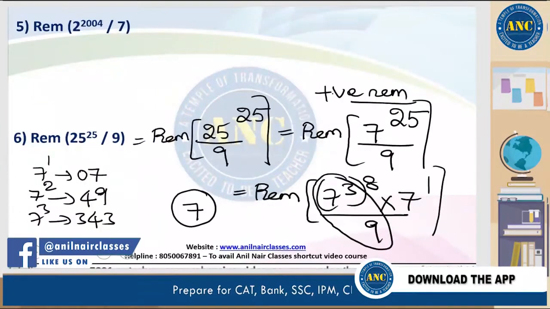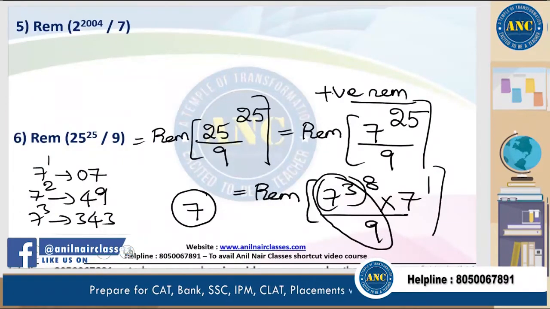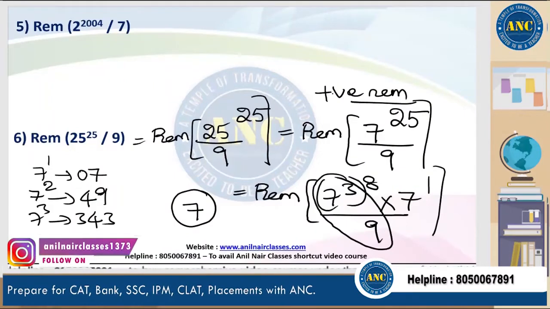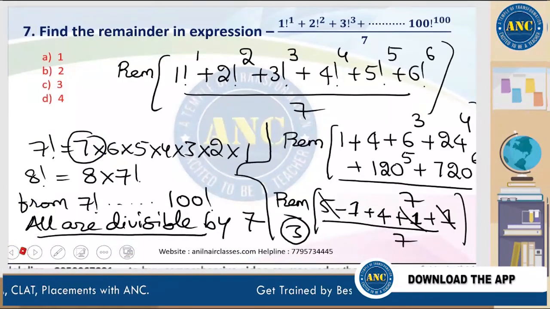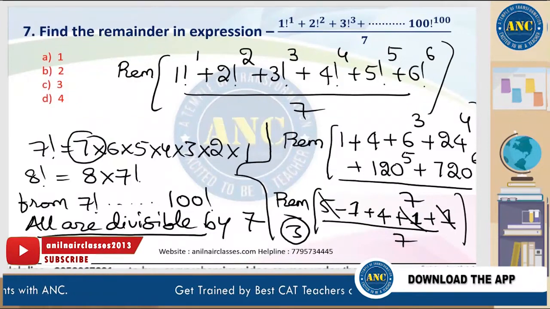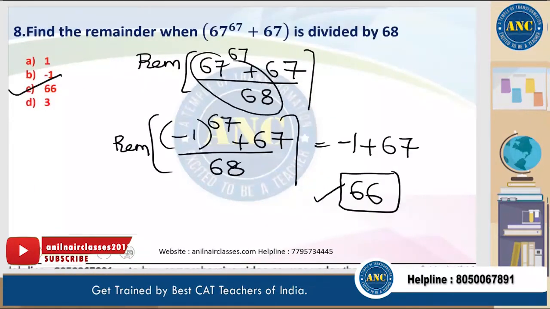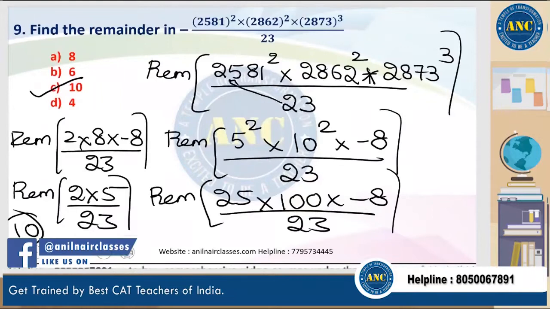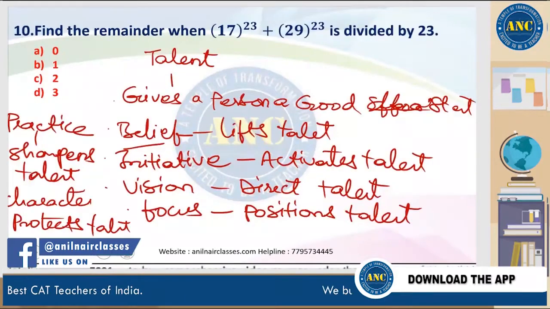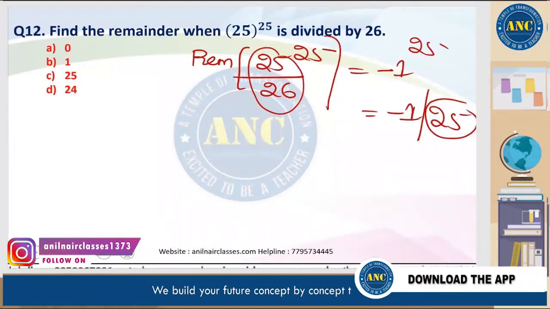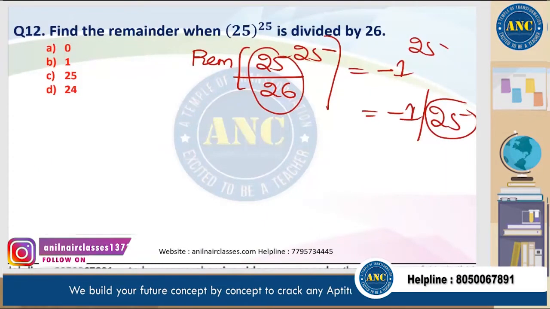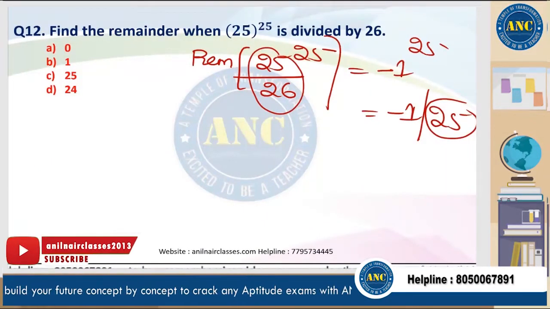First, second, third, fourth, students who missed the morning class, these are all the problems which we discussed. 1, 2, 3, 4, 5, 6, 7. Seventh question is on factorial. 8th question, 9th question, 10th one, 11th one.